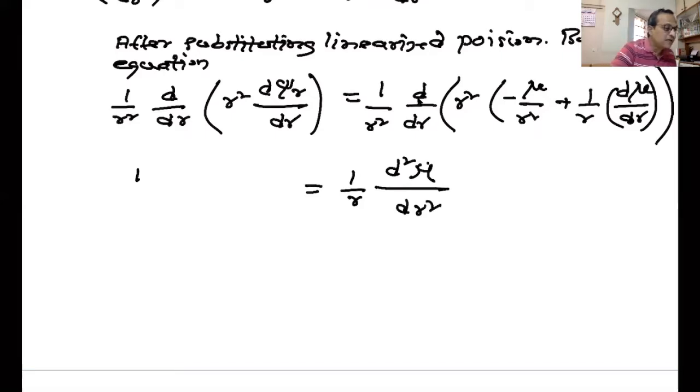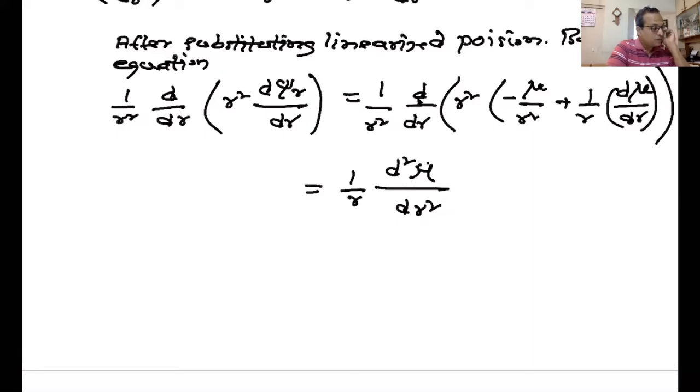Okay, you can try at home. Even if you refer to Bockris and Reddy, it must be given there also. Just try this whole derivative at home. And if you do that, you get this equation.